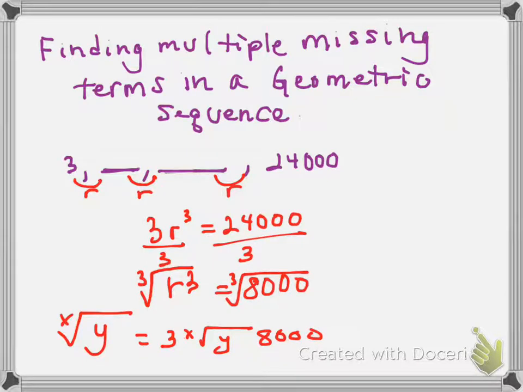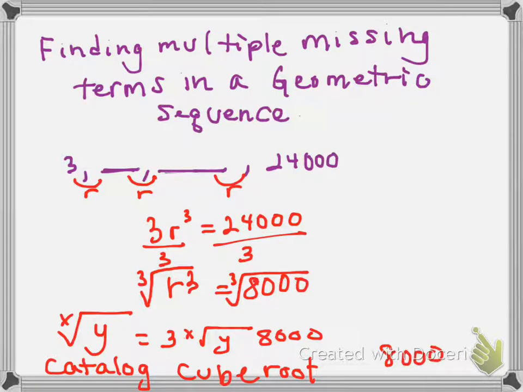If you can't find that button, you might be able to look at the one that says catalog and look up cube root. Or a third way is you can do 8,000 with an exponent, parentheses, 1/3. That is another way to do a cube root. So I'm going to put bullet points by the 3 ways you could do a cube root in your calculator.